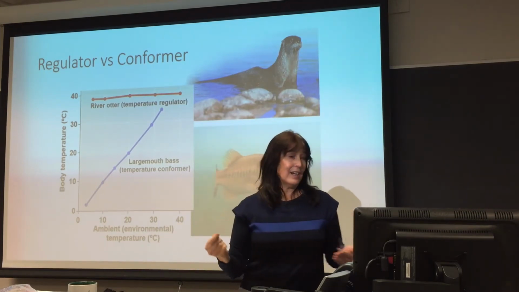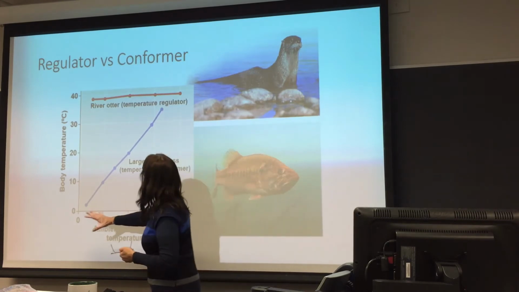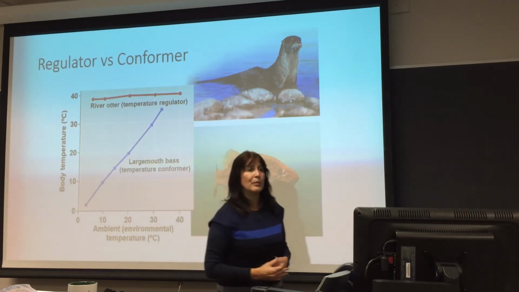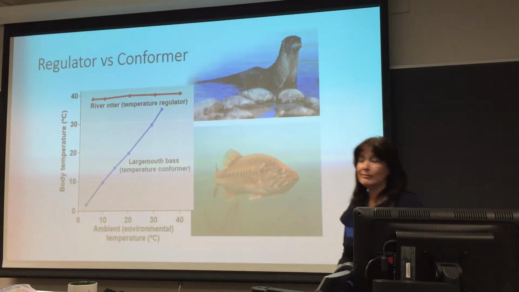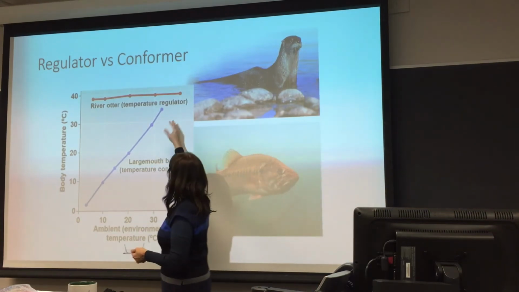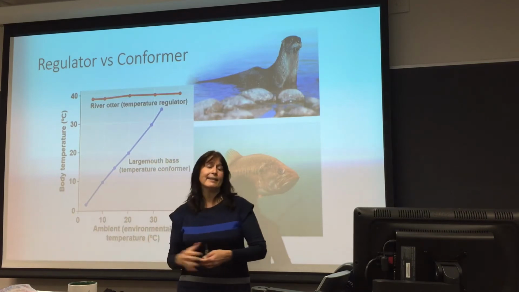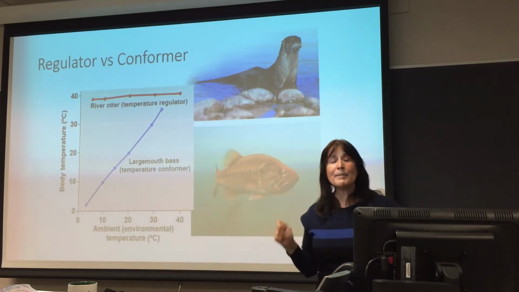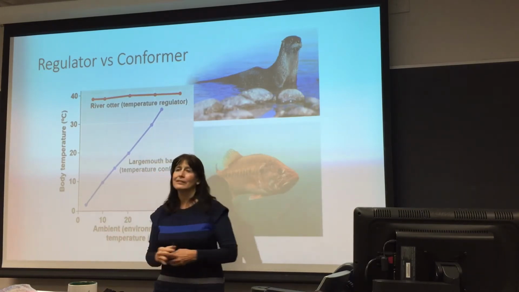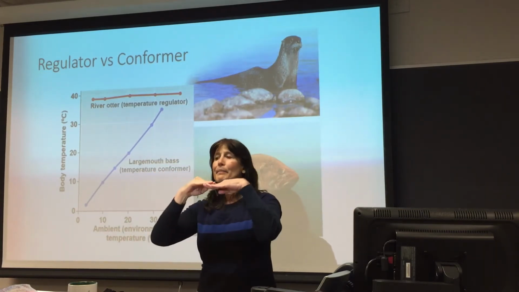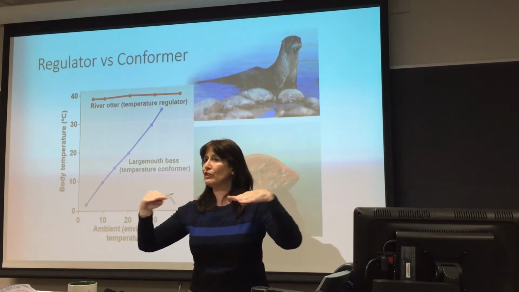It increases. So it is a conformer, a thermoconformer. As the temperature goes up, so does the bass's internal temperature. But what happens to the river otter as the temperature is increased? It maintains it to a certain degree.